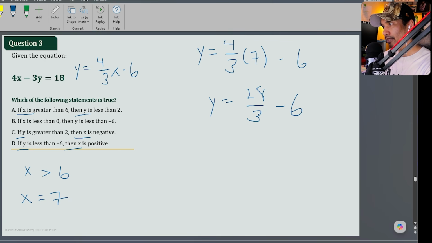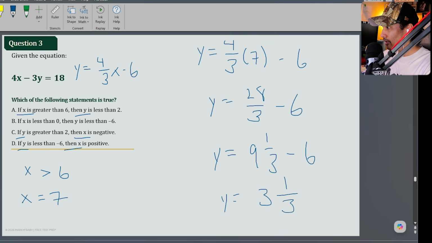I believe that is 9 times. So y is equal to 9, and that's 27, so 1 over 3, minus 6. Then 9 minus 6, y is equal to 3 and 1/3. That is our y. Is this less than 2? No, it is not less than 2. So answer choice A is incorrect.